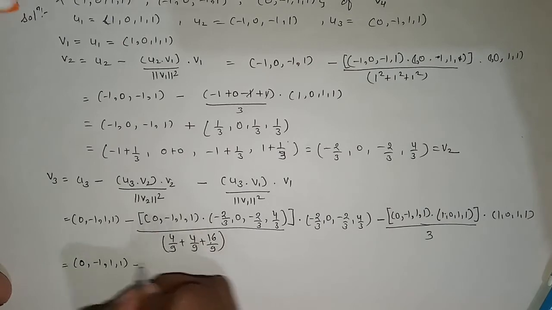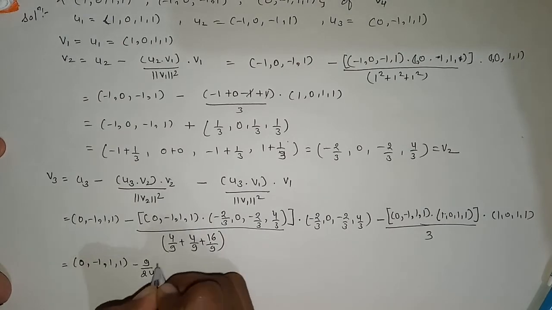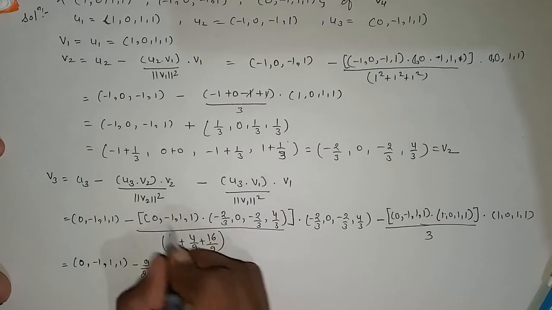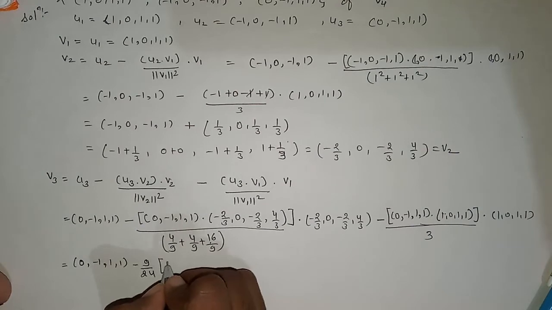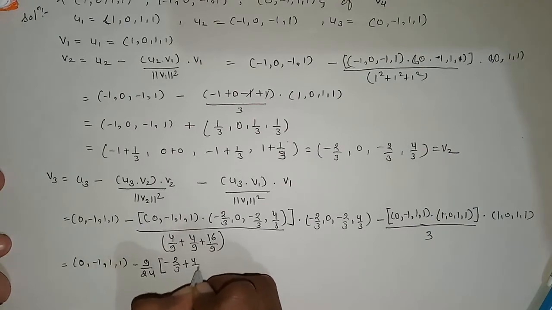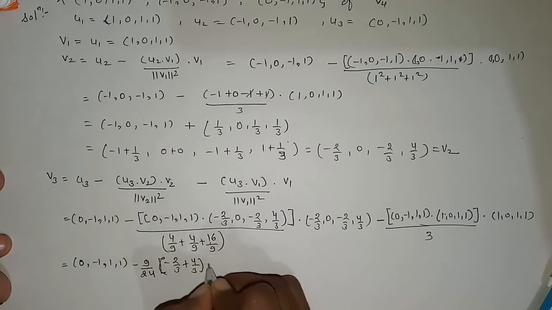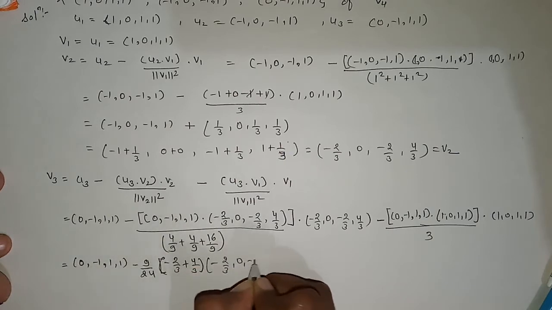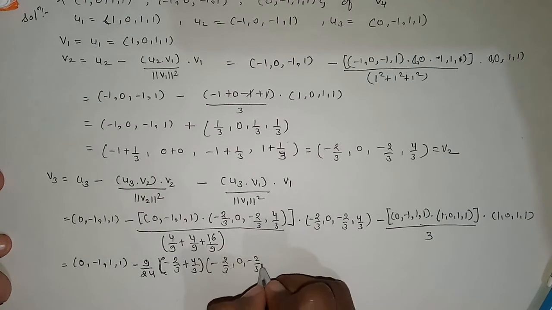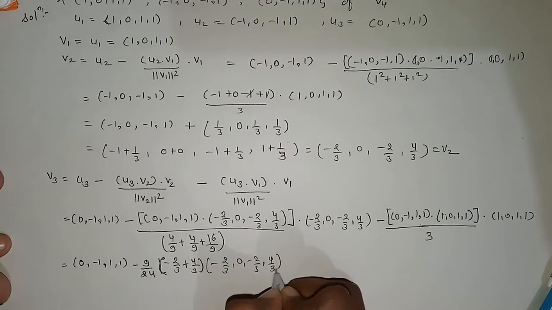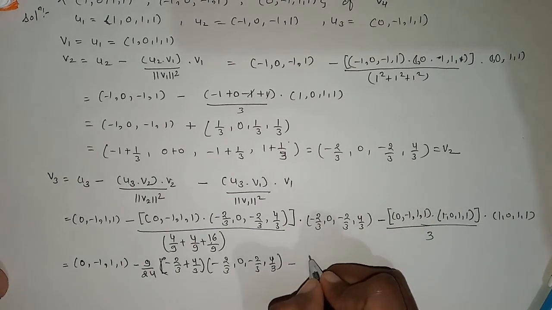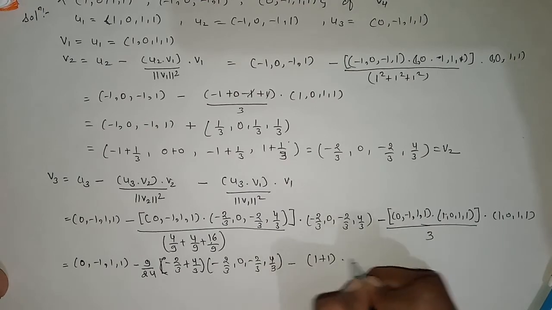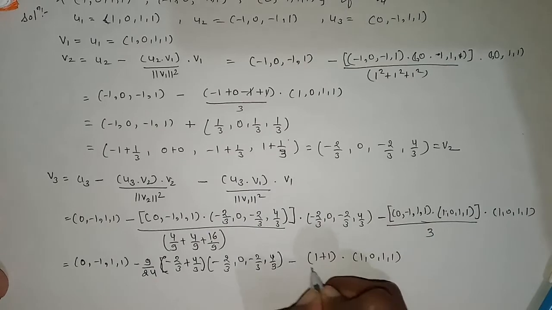So 9 upon 24, and the dot product is -2/3 plus 4/3, into (-2/3, 0, -2/3, 4/3), minus again the dot product, which is 1 plus 1, into (1, 0, 1, 1) upon 3.